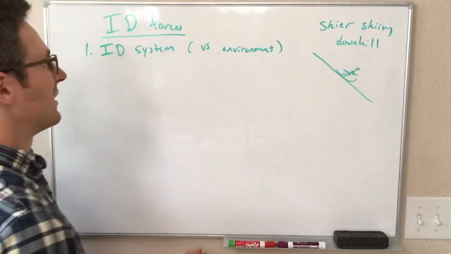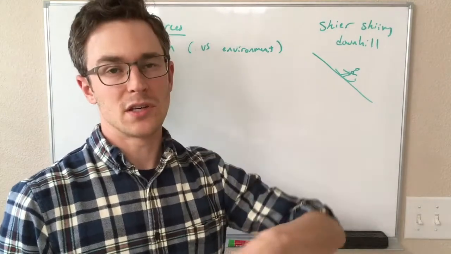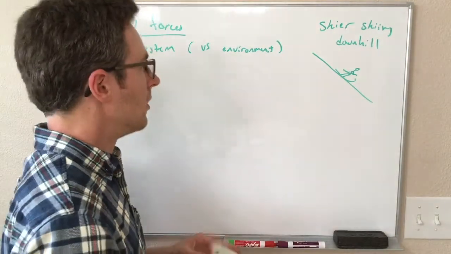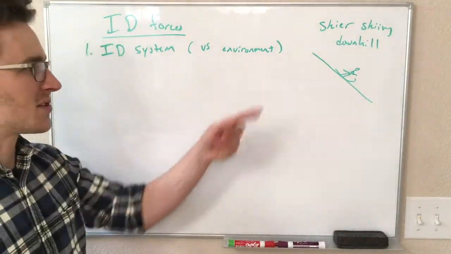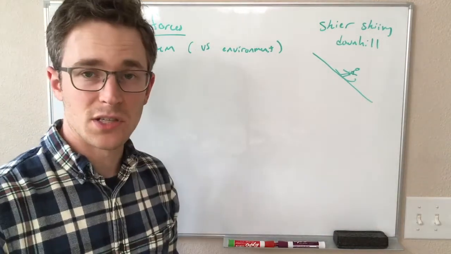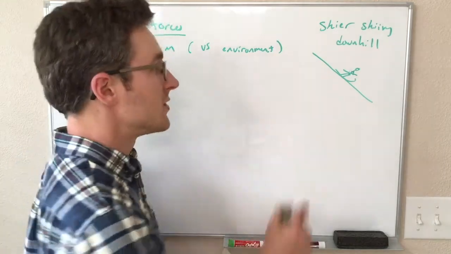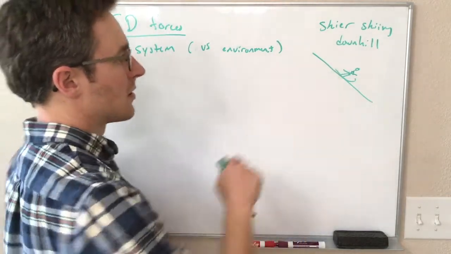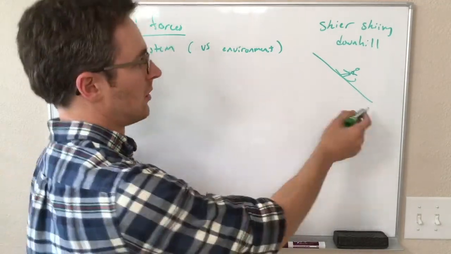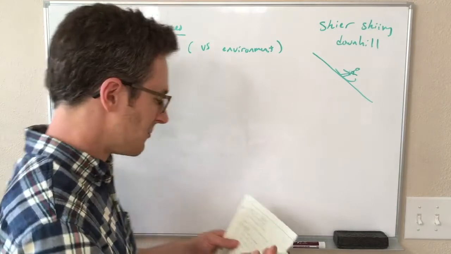They're going down a hill, and maybe we're asked to find the acceleration of the skier or something like that. So identifying the system versus the environment: in this case, the system that we're interested in, the thing we want to find the forces on, is the skier, right? So the skier is our system. The environment is the slope and the trees and the birds and so on.